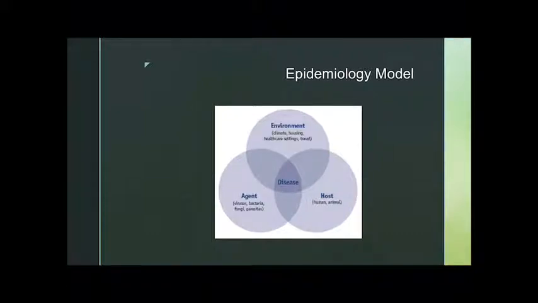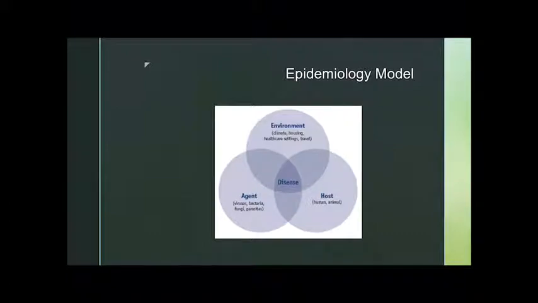Something that was brought up in one of your assigned videos, and I just want you to be very clear about this. It is not a hard model, but I want to make sure we're clear about how it works. This is our basic epidemiology model of how disease occurs. You have to have three things: an agent, an environment, and a host.